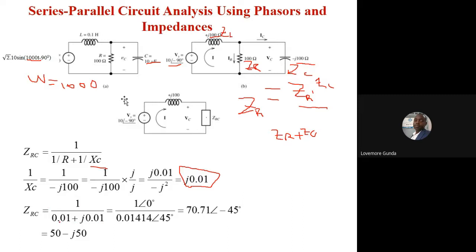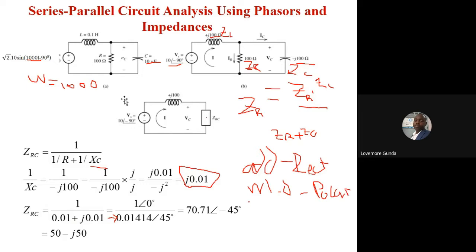To make things easy, you convert these two to polar coordinates. Realize that it's easy to add and subtract in rectangular, and it's easier to multiply and divide in polar. So for multiplication and division, you better use polar. For addition and subtraction, you use rectangular.